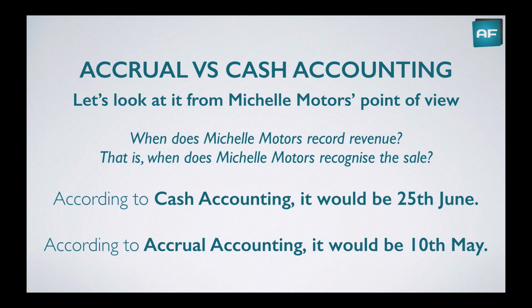The best day to record revenue, according to accrual accounting, would be the 10th of May. Now that's when the performance of the contract was actually carried out. So the contract was, deliver me 5 cars. On the 10th of May, 5 cars were transferred from Michelle Motors to Barry's Consulting. And that's when Michelle Motors would record the revenue and recognize the sale.